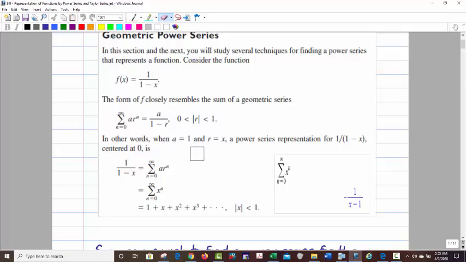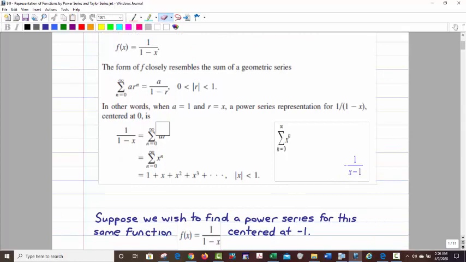And then you can replace that in that geometric series right here. So you can put in 1 for a, x for r, and you are basically looking at 1 over 1 minus x being equivalent to the geometric series x to the n, n equals 0 to infinity.